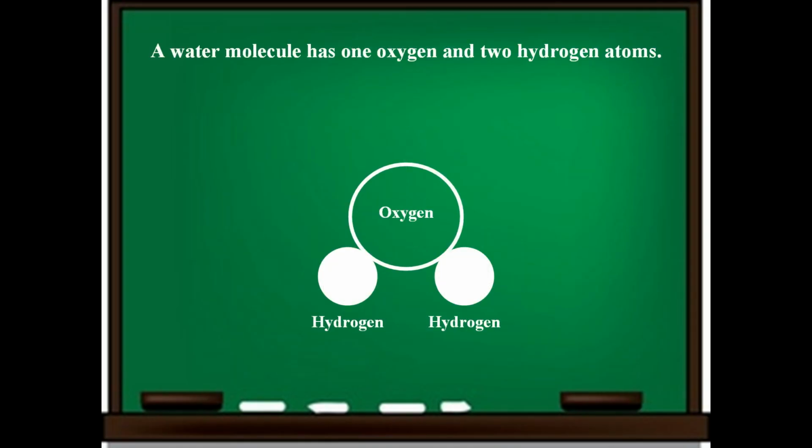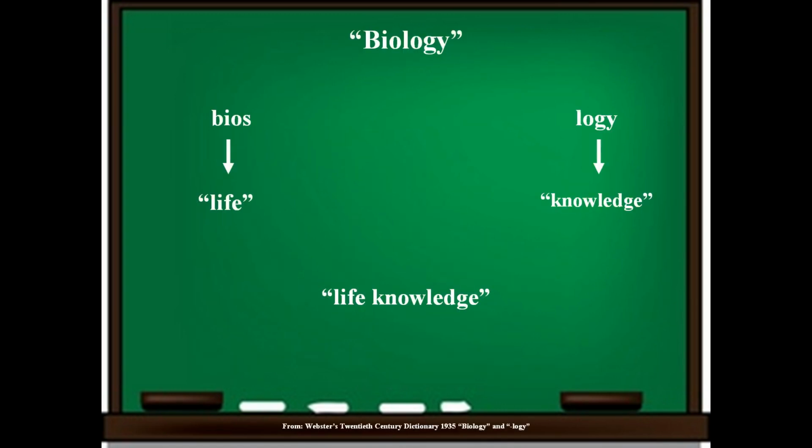A water molecule has 1 oxygen and 2 hydrogen atoms, and that is what a water molecule would look like. Now, biology means life and knowledge. When you split it up, bios is life, and ology is knowledge. So it's life knowledge.